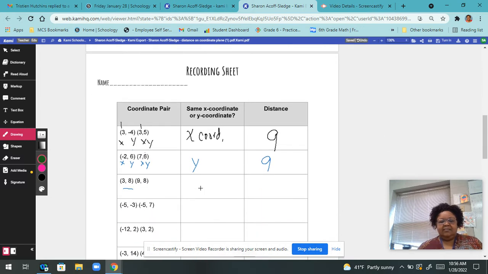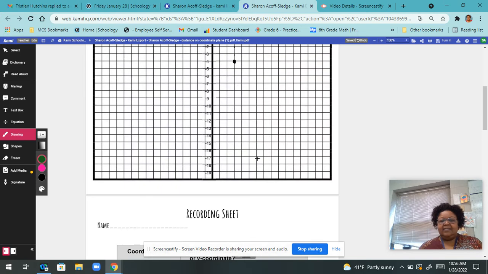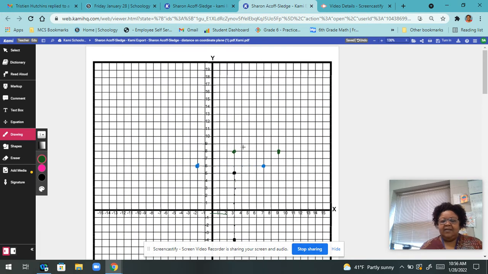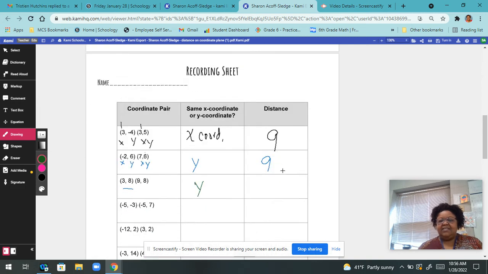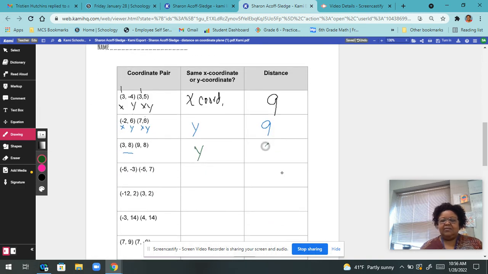So what's the same? Yeah, the y coordinates are the same again in this one. And then it says calculate the distance. So I'm going to count again. 1, 2, 3, 4, 5, 6. So I have a distance of 6 units or 6 squares or 6 grids, but you can just write 6.